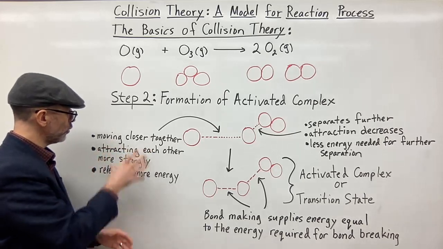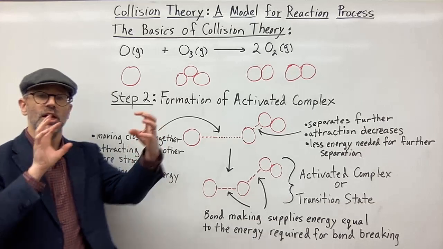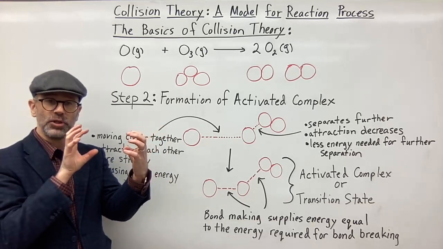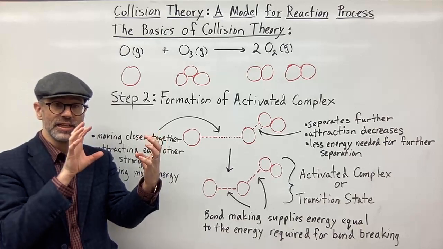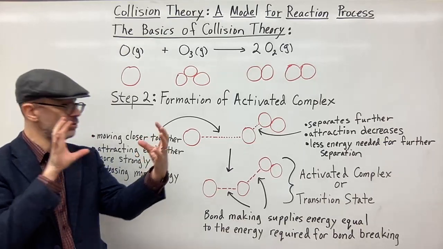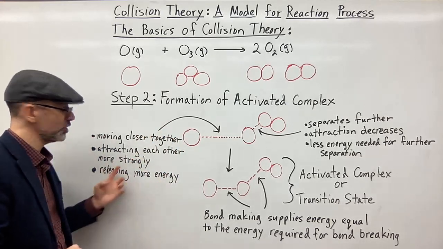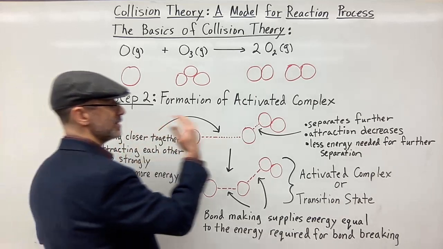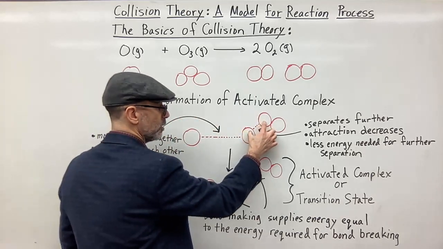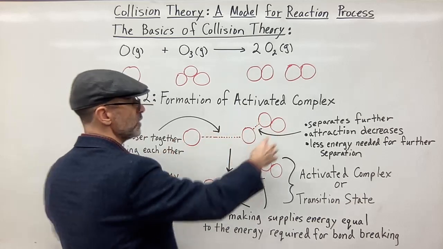They're going to start to attract each other more strongly, right? The closer they get together, the more attractive forces there are. Again, the potential energy is decreasing in this case, because they're getting closer together, and therefore energy is being released. So more energy is released, and at the same time, the bond between these two is getting weaker.